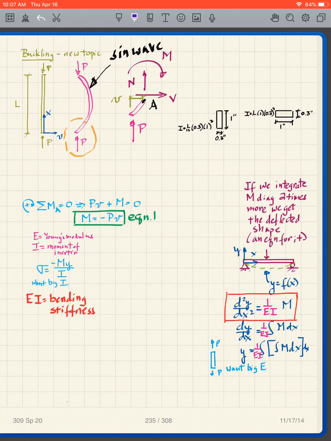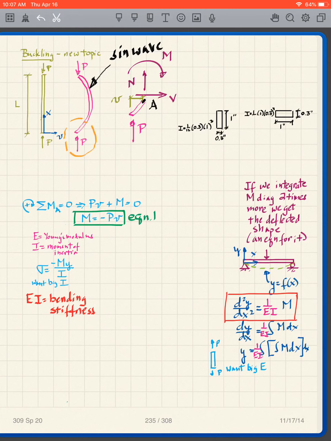Now this is bent. I've applied the load, it has bent. And I'm going to make a cut through here. In other words, I'm going to take this portion and represent it here.